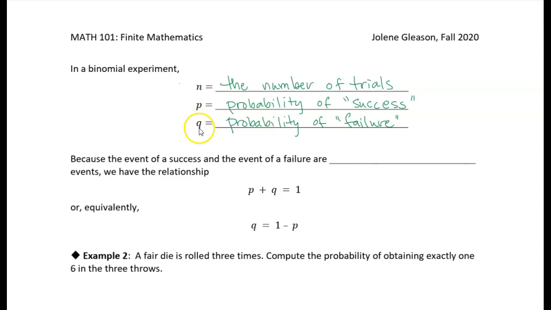The success and the failure are complementary events; either one or the other is going to happen. So we can find Q just by subtracting P from 1.